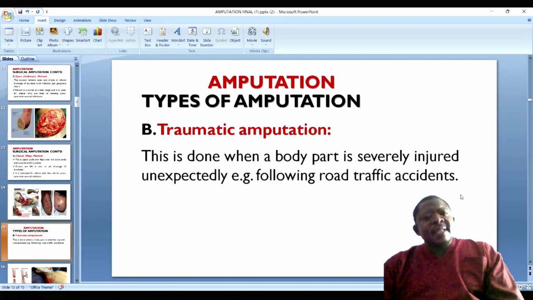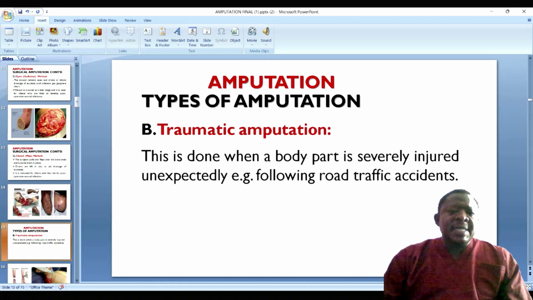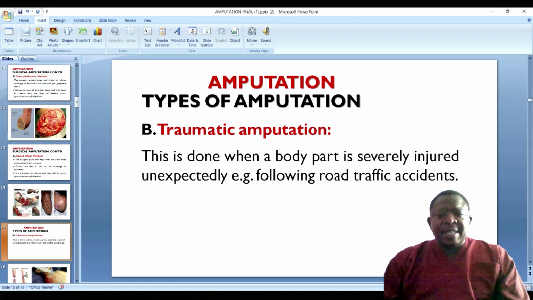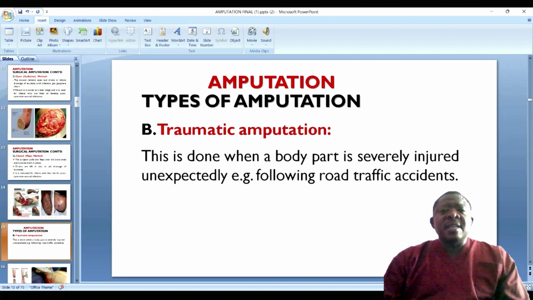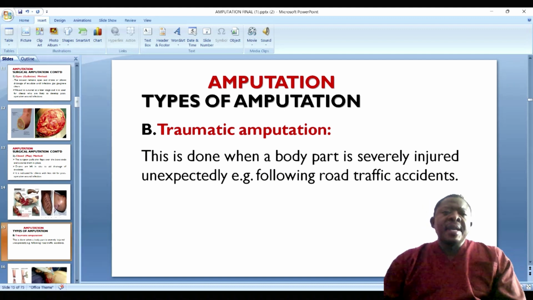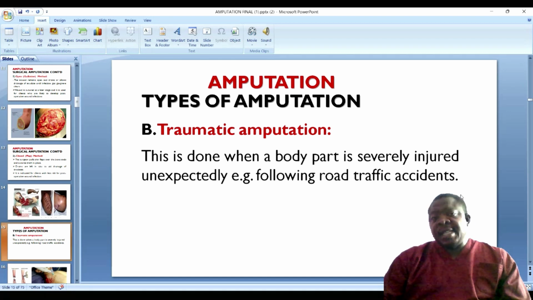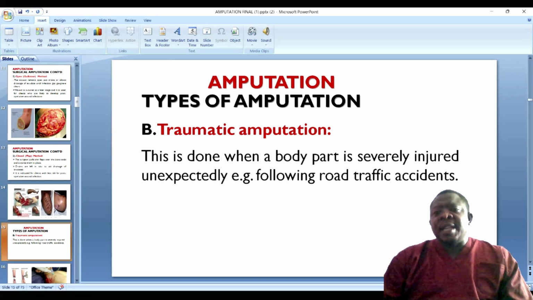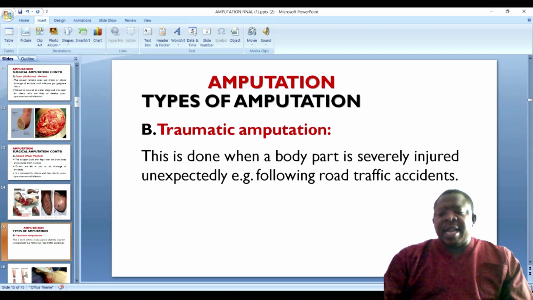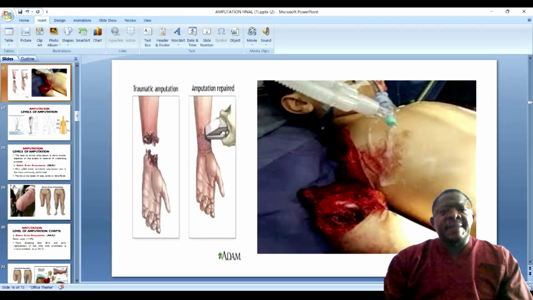Okay, the other type of amputation we said is traumatic amputation. A, we said surgical amputation. Now, B, we are saying traumatic amputation. This is done when a body part is severely injured unexpectedly. Instances where a body part will be severely injured unexpectedly can be in accidents like road traffic accidents.